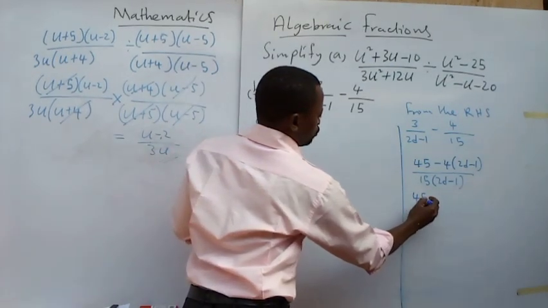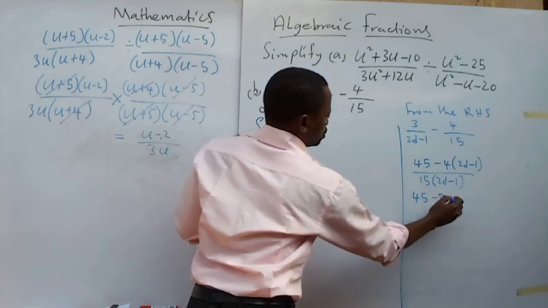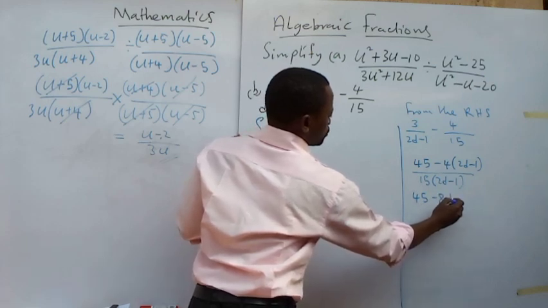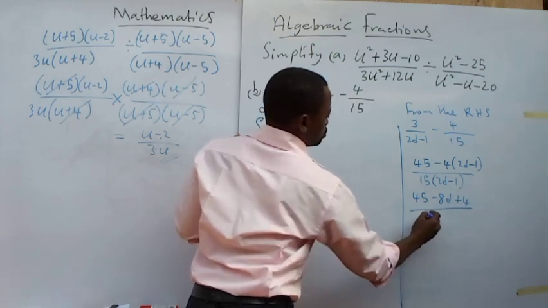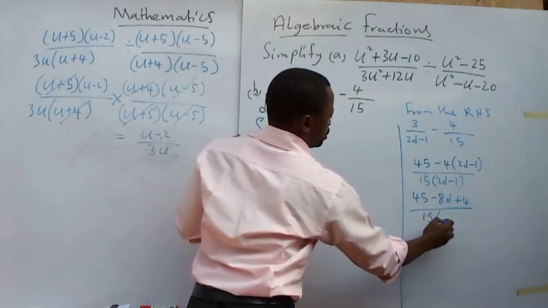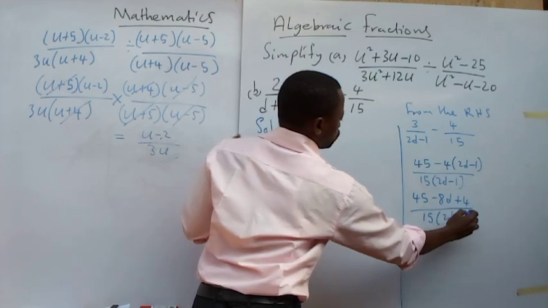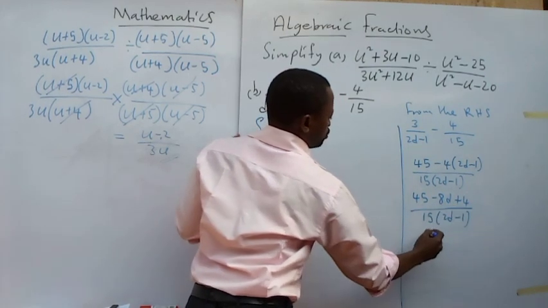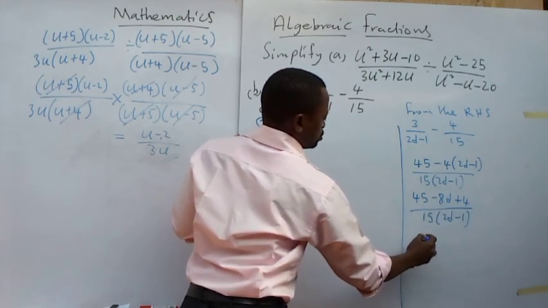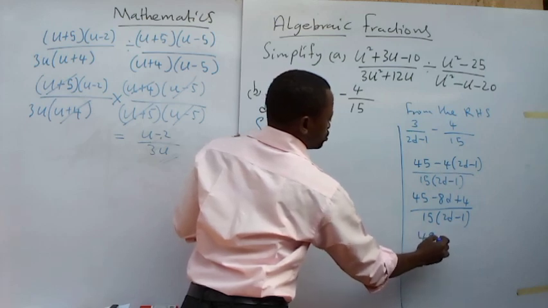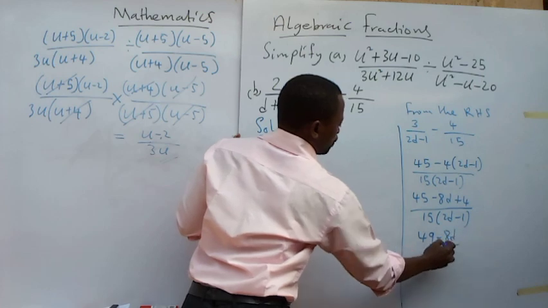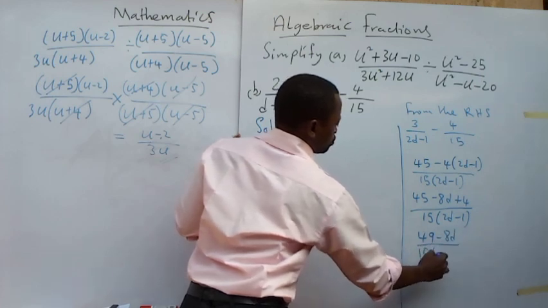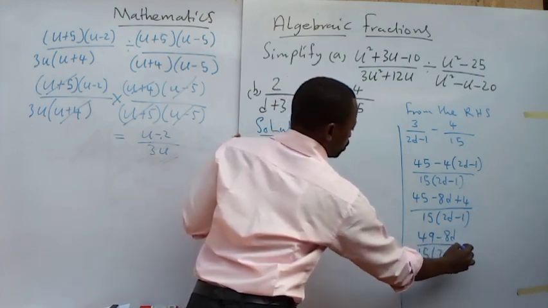So we have 45 minus 8d plus 4 all over 15 bracket 2d minus 1. So this and this will now give us 49. That will become 49 minus 8d all over 15 bracket 2d minus 1.